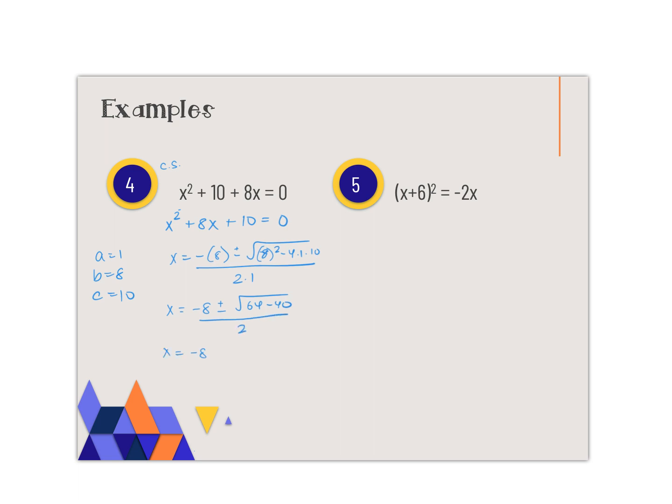X equals -8 plus or minus the square root of 24 over 2. Now 24 is 4 times 6, which is 2 radical 6, all over 2. Because all three of these are divisible by 2, I could simplify a little bit and get that x equals -4 plus or minus the square root of 6.